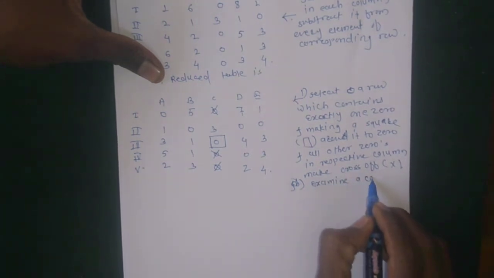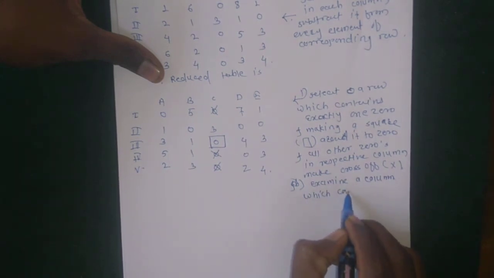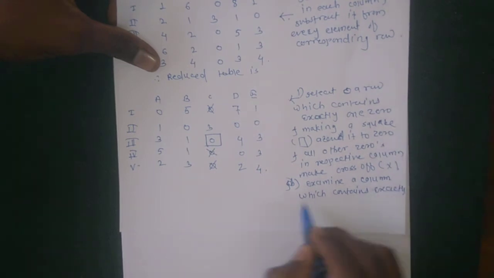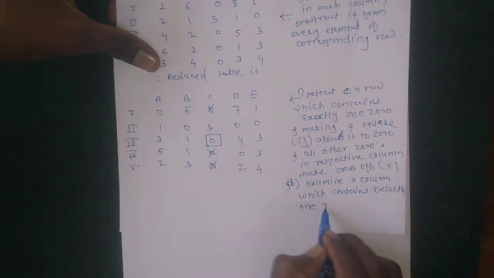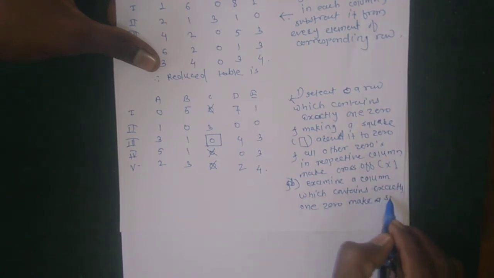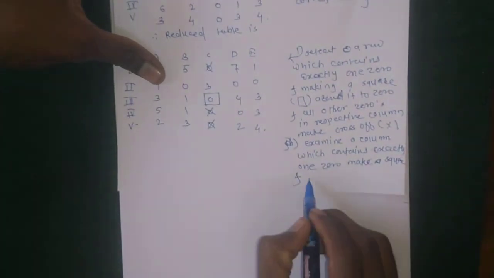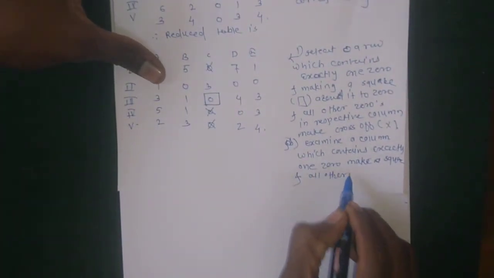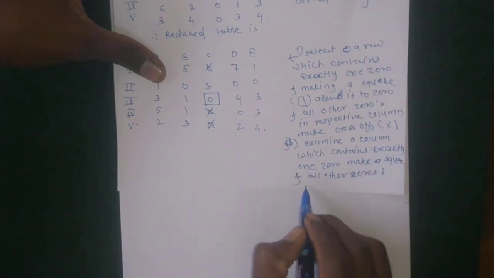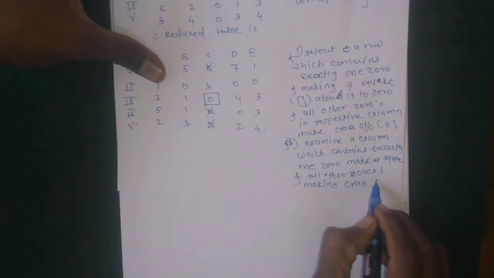Then second, examine a column which contains exactly one zero, make a square of that zero, and all other zeros make a cross sign.